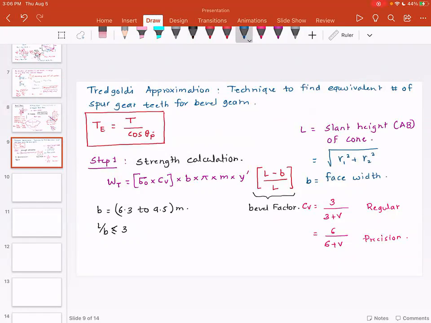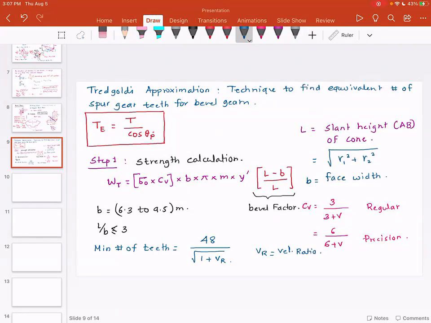And another important relationship that will be very useful is the minimum number of teeth on the pinion, the small gear, which is 48 divided by the square root of 1 plus VR, where VR is the velocity ratio or gear ratio.